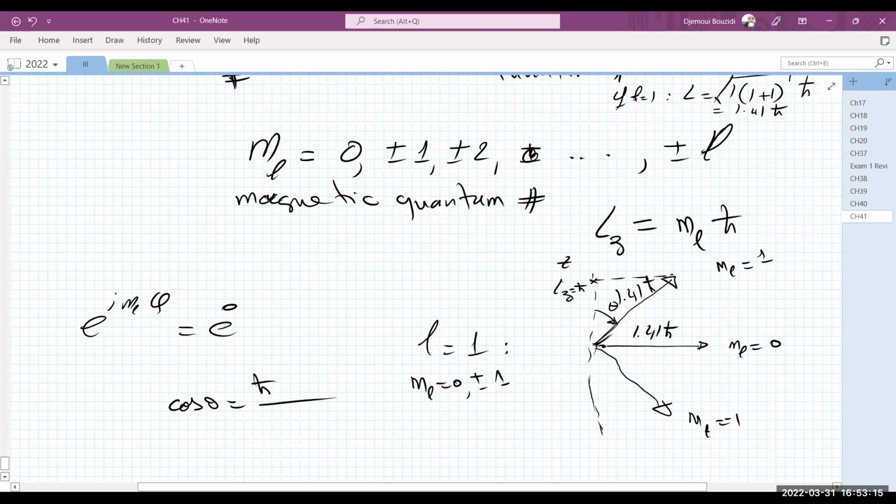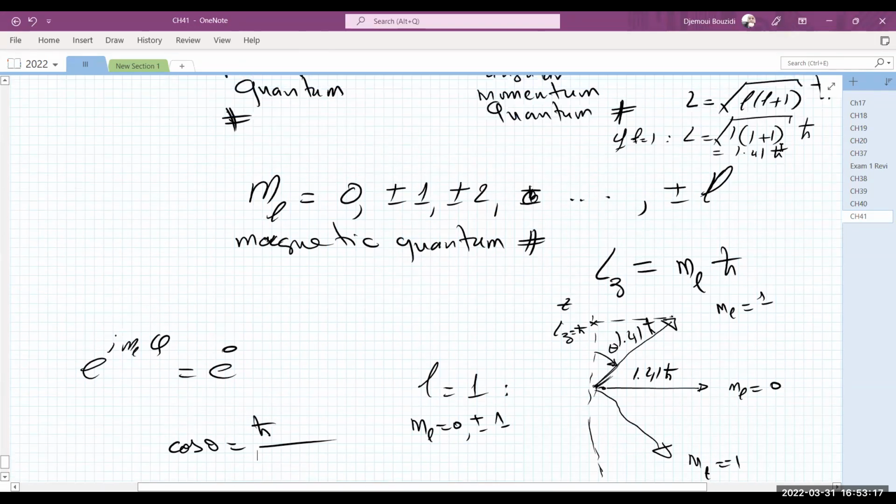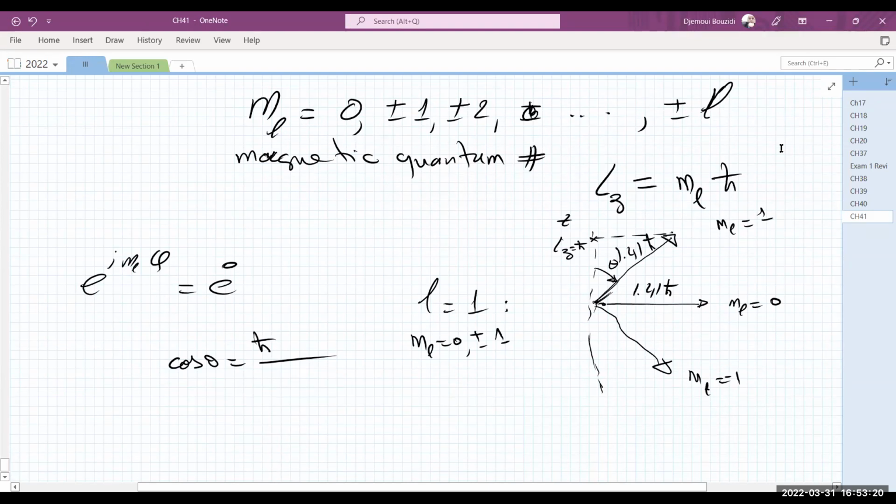It's just the square root of L times L plus 1. So in this case, it is 1.41, square root of 2. So divided by that square root of 2 times h bar. And this is equal to 1 over square root of 2. So that means theta in this case is 45 degrees.